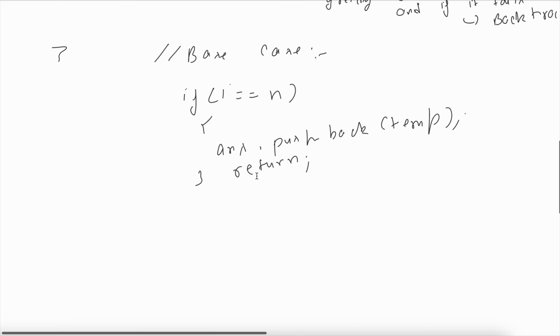Okay, what should I do? Now let's try to run it. We will do some decision tree. Let's say our n equal to 4. We have a function help. What does it contain?